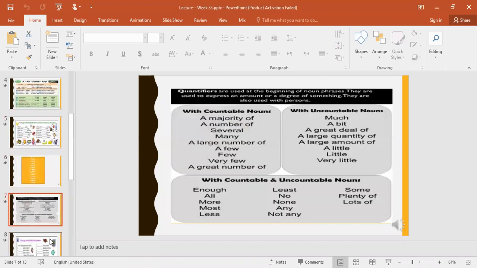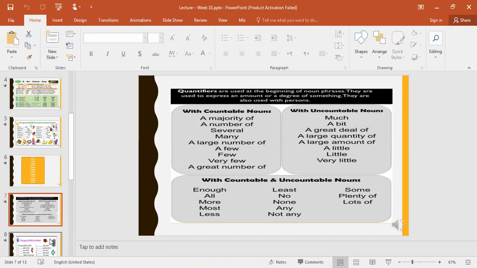We talked yesterday about quantifiers. Who can remind us what we mean by quantifiers? Yes, Smile. Quantifiers are used at the beginning of the noun phrase.